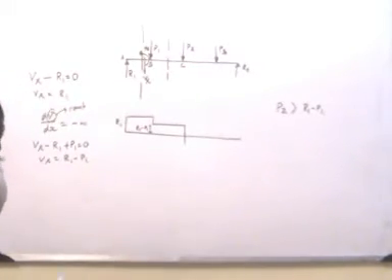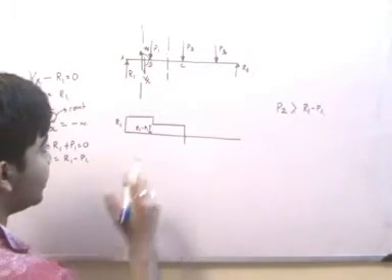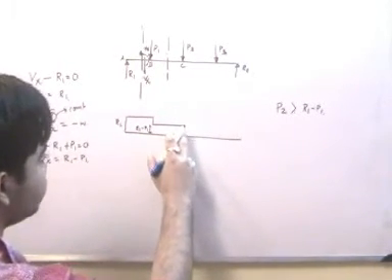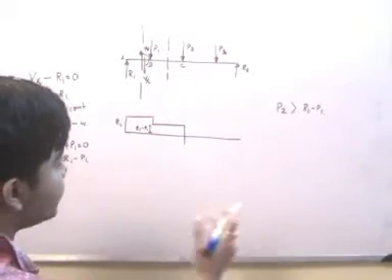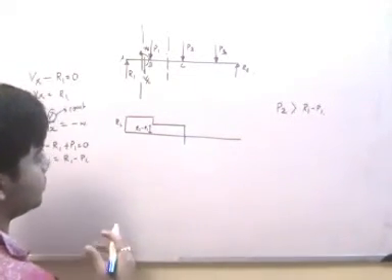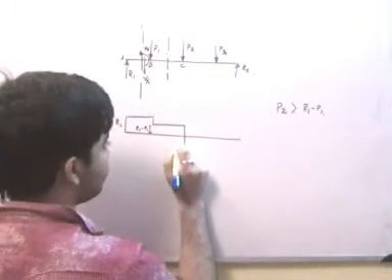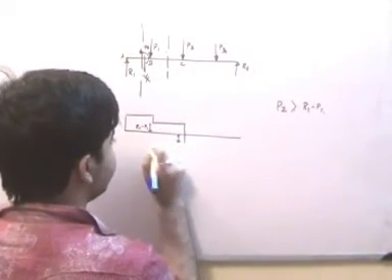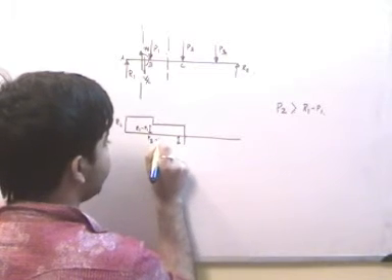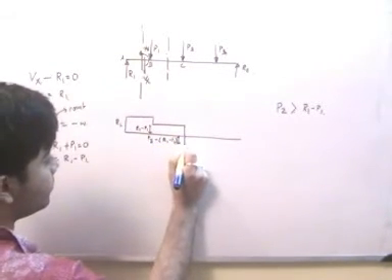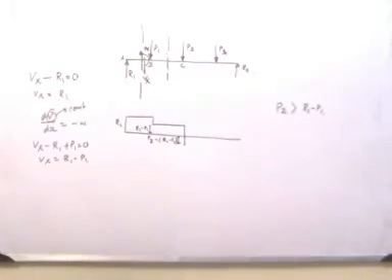At point C, P2 acts, and the shear force will decrease in magnitude from R1 minus P1 to P2. If P2 is greater than R1 minus P1, it will be a negative shear force, so this value is equal to P2 minus (R1 minus P1), and this is what I get at point C.